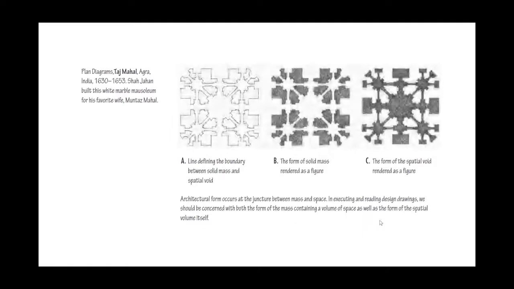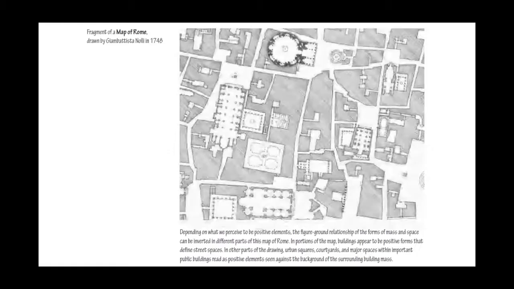And in executing and reading design drawings, you should be concerned with the width of the form or the mass containing a volume of space. So this would actually train your eye into perceiving things visually. So I think in design planning, you have to consider the positive and the negative spaces that would contribute to the overall composition of your design.